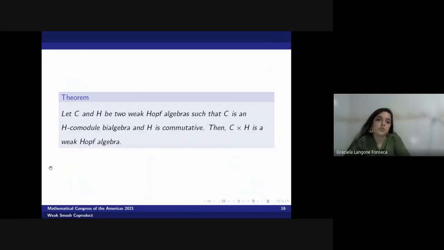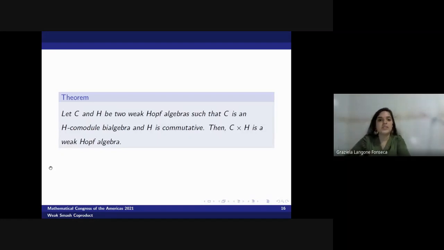Therefore, we obtain the wanted theorem. Let C and H be two Weak-Hopf algebras such that C is an H-comodule Bi-algebra and H is commutative. Then C times H is a Weak-Hopf algebra.